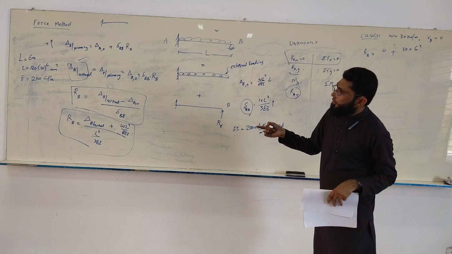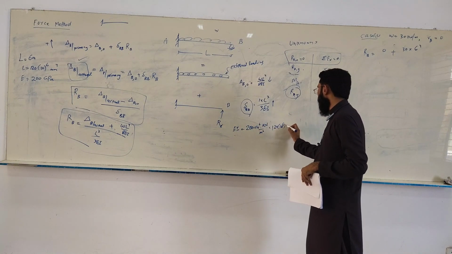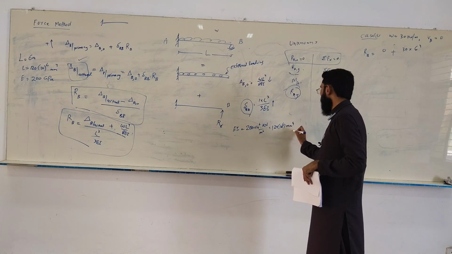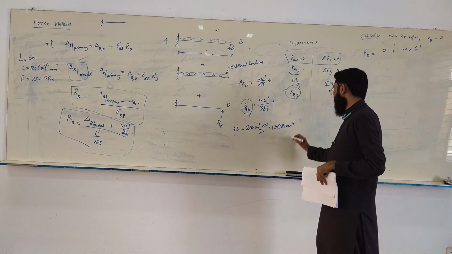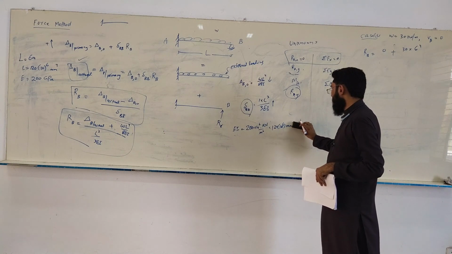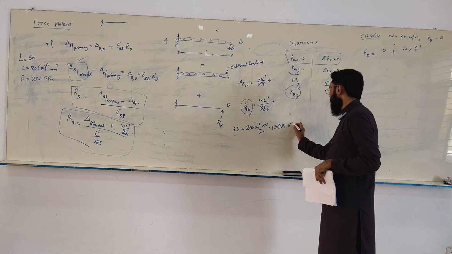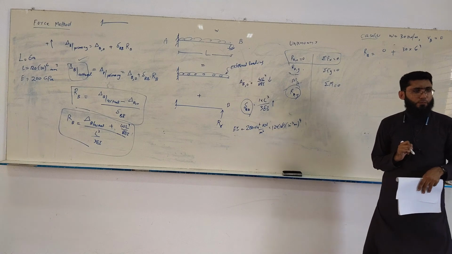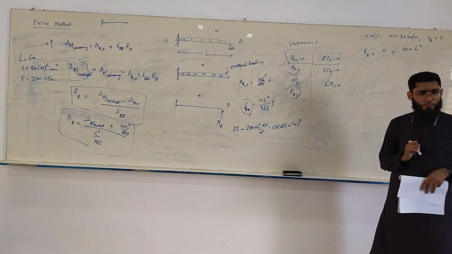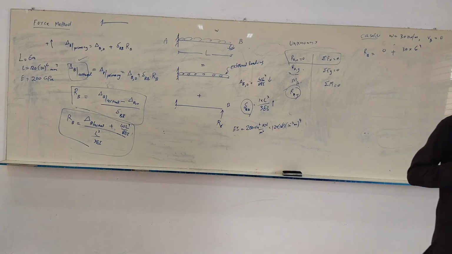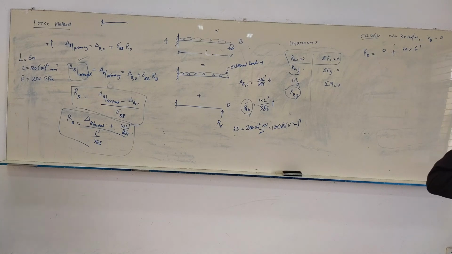Now this is in millimeters? Yeah, millimeters. So we got to convert this to meters. How do you do that? 10 raised to the power 3 meter whole raised to the power 4.